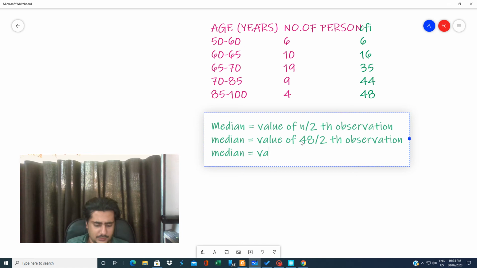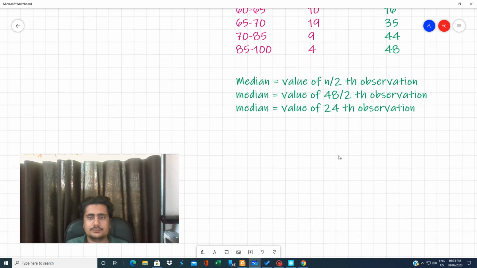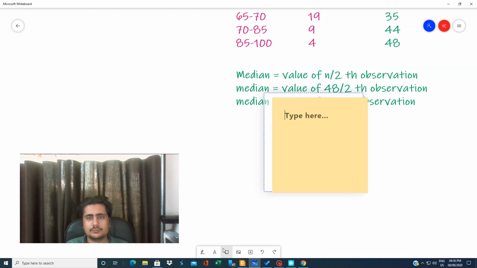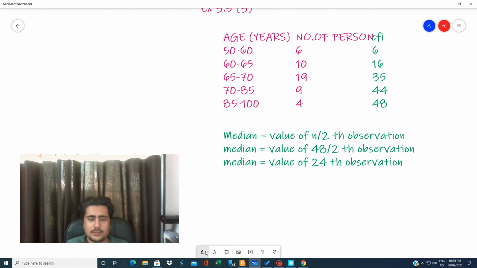Now median is equal to the value of the 24th observation. Where will this 24th observation fall? You can check in the CF. This 24 will fall in the class 65 to 70. So what are the required values?